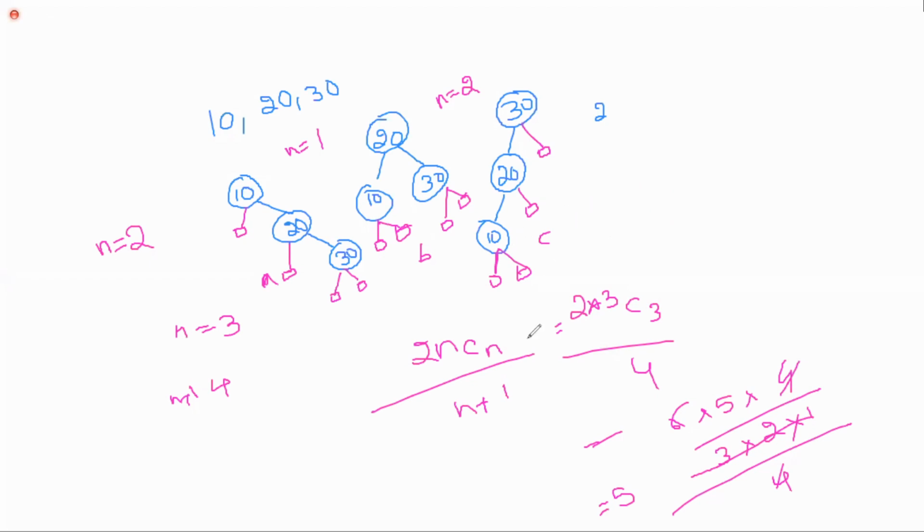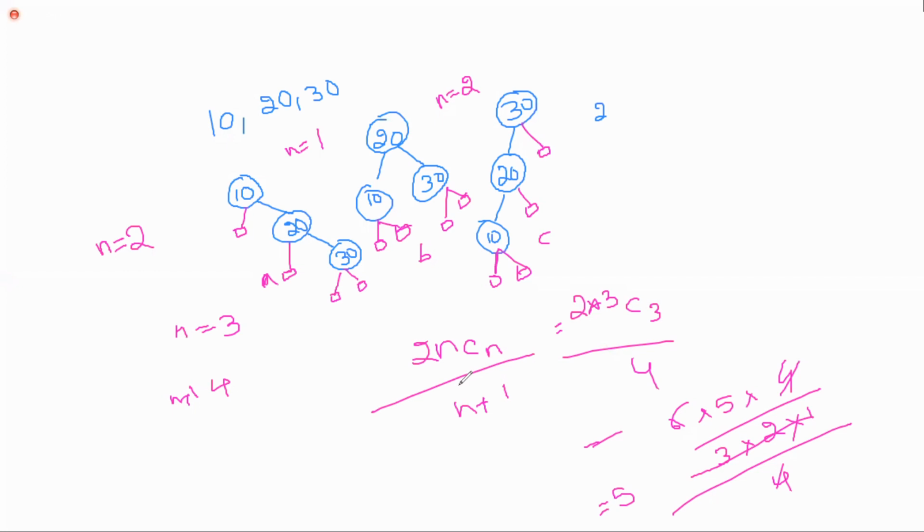If you follow it, you have to construct 2n Cn divided by n plus 1 trees, and then calculate the maximum attempts for a successful search for each and every tree, and arrange them in sorted order. The first one will be the optimal binary search tree. That will take more time. To construct the optimal binary search tree efficiently, we use dynamic programming.